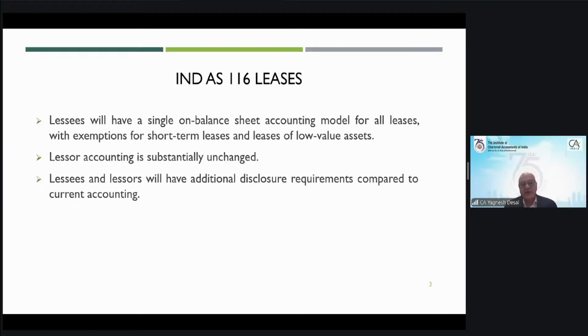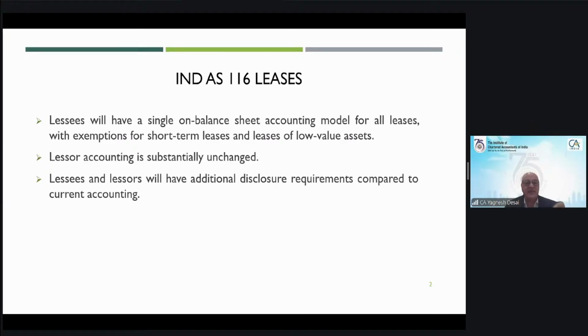You recollect in good old days, as per Ind AS 17, we had two types of leases: A, finance lease, and B, operating lease. Finance lease was the one where the title, risk, and reward was virtually transferred to the lessee. But I want to talk more about the accounting treatment in the books of the lessee.